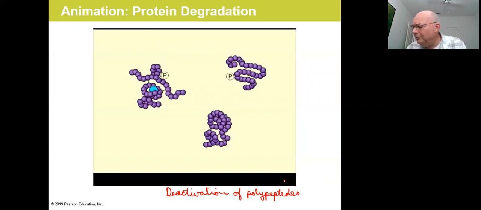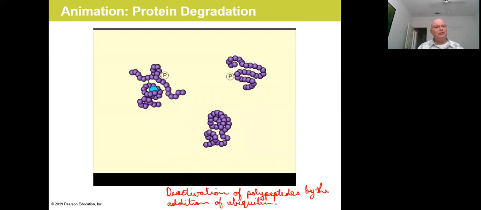And this is activated by the addition of a little protein called ubiquitin. Why is it called ubiquitin? Because it is ubiquitous in the cell.